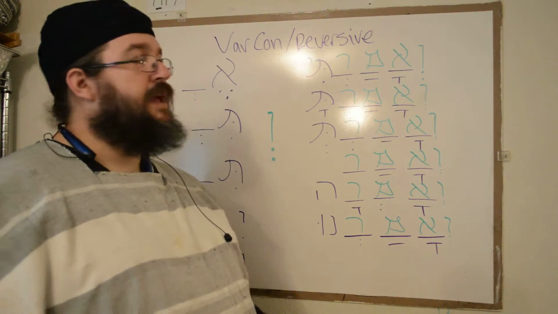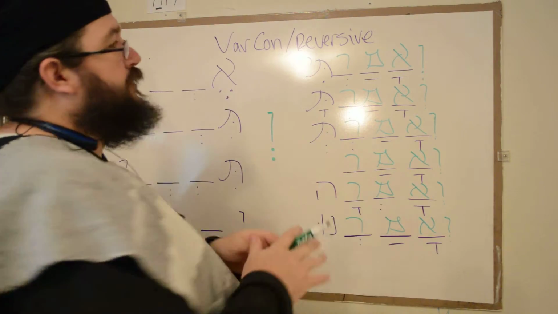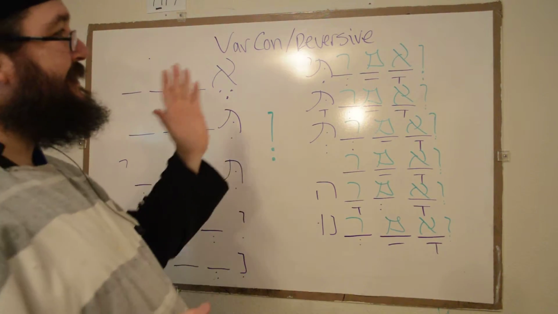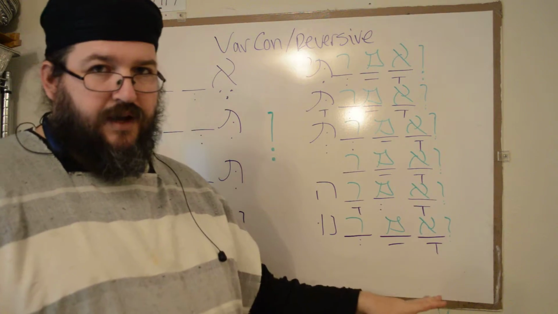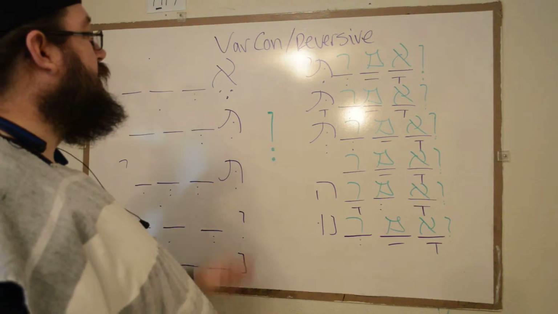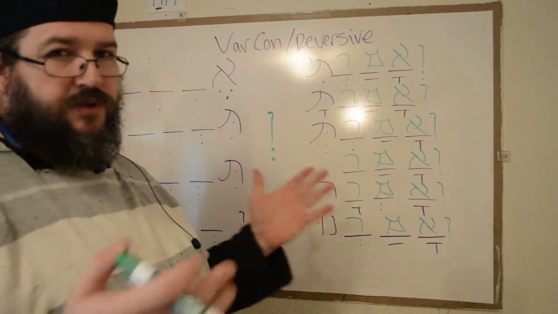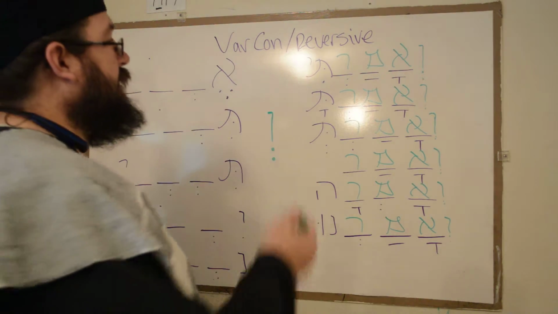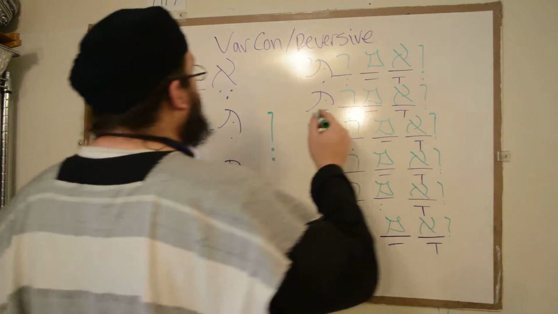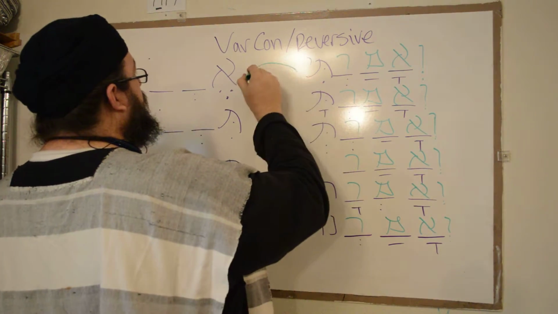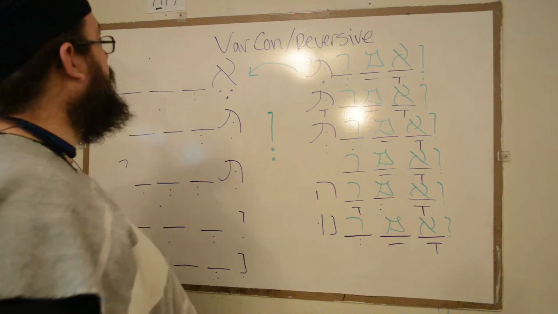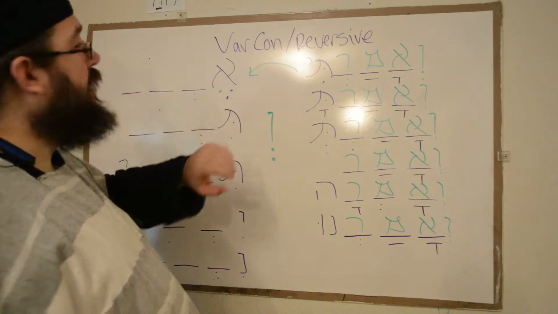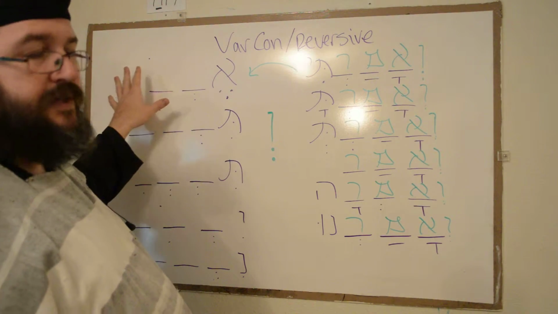Okay? Now, the Vav Reversive looks just like the regular Vav conjunction. The only difference is we don't translate it and I said, we have to make it future. So now it's almost as if Va'amarti is actually Emor. Now, I'm not going to write Emor here at this time.